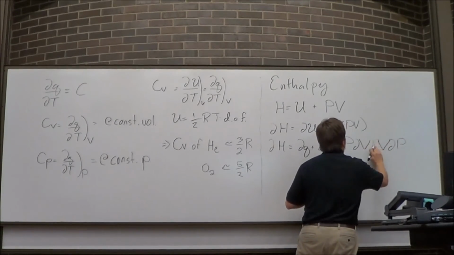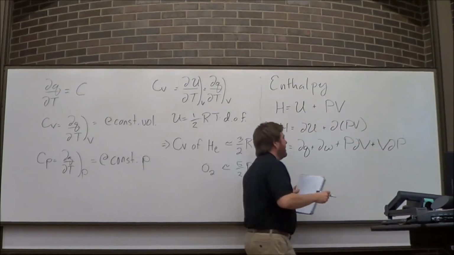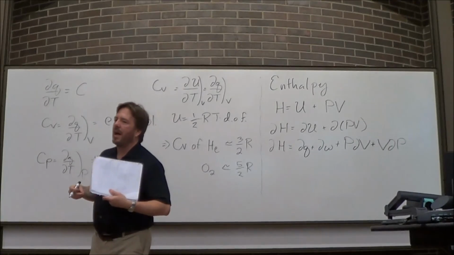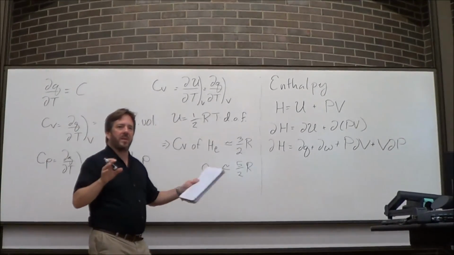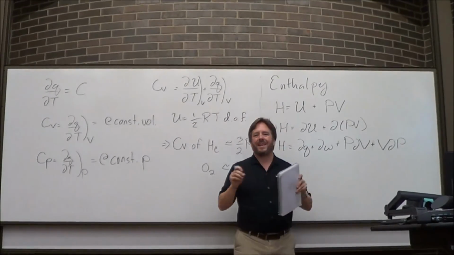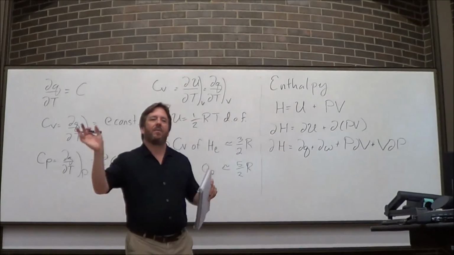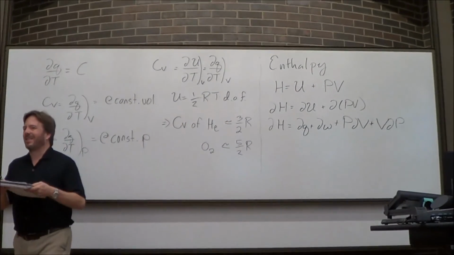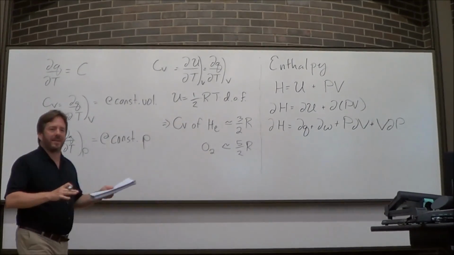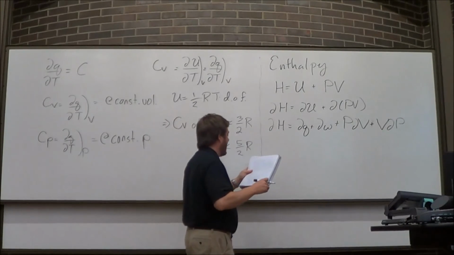You let one function remain still, and you let the other guy change, and then vice versa, right? You recognize that? No problems with this? Okay, if you have a problem with that, that's bad because you're going to get about half the rest of the questions wrong. So, even if you're like, what the heck is that? That's what it is, all right? It's really easy, but just don't forget it.